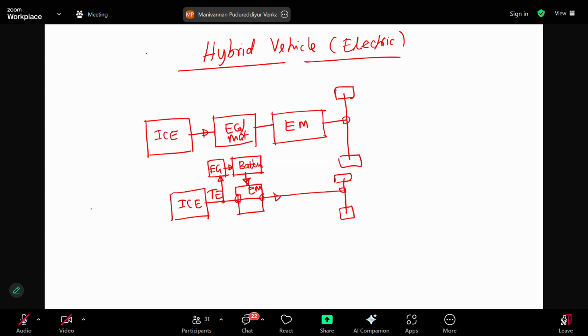So this is a parallel hybrid, this is a series hybrid, and this can also be split power.